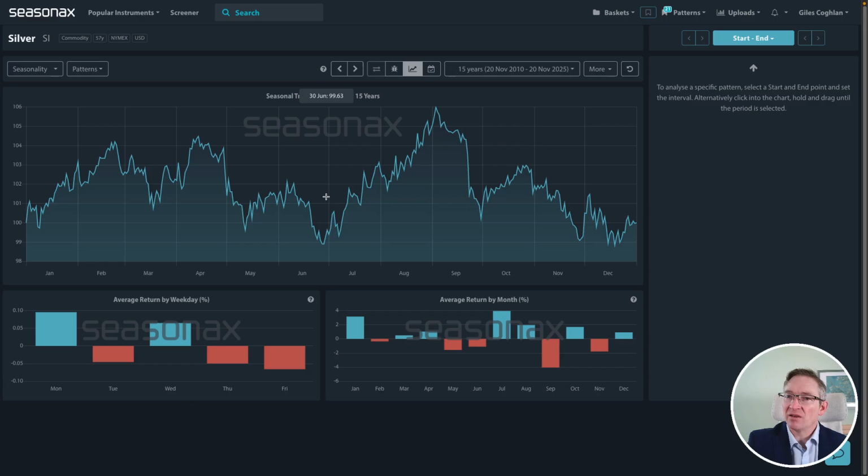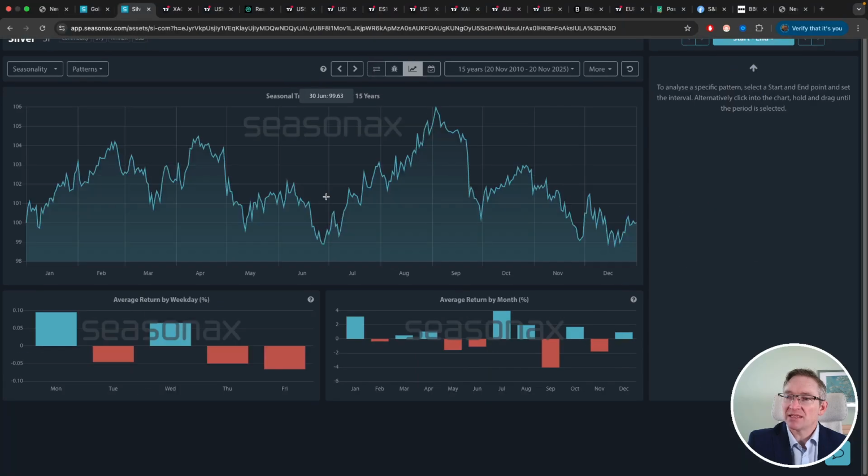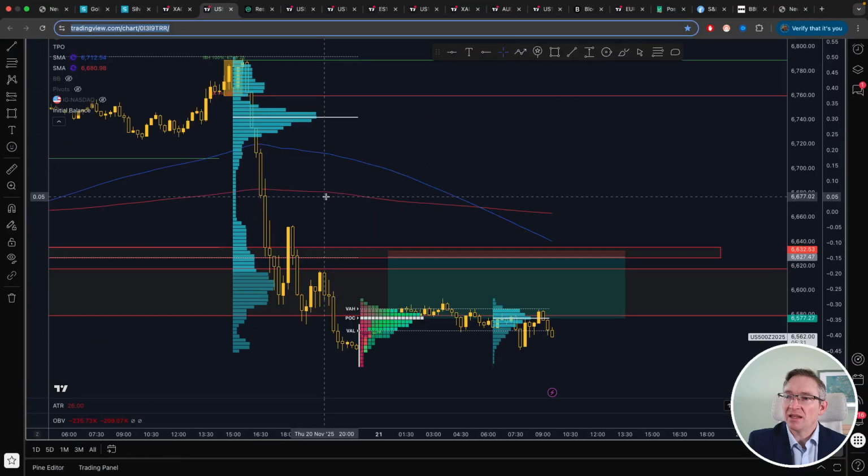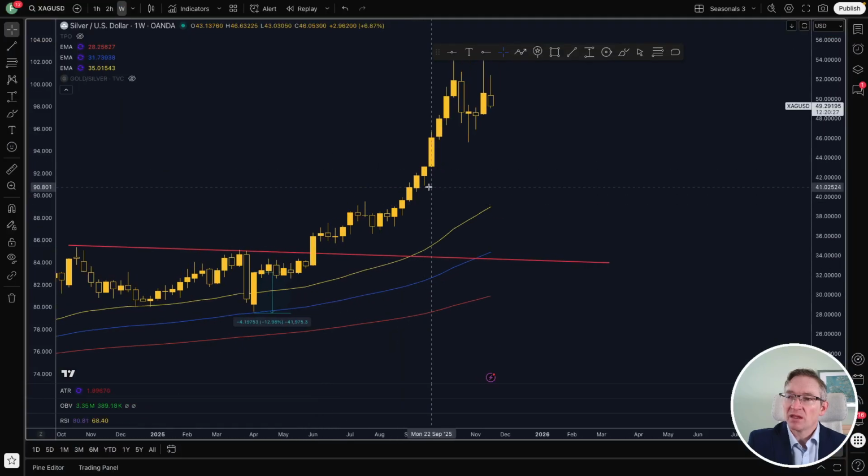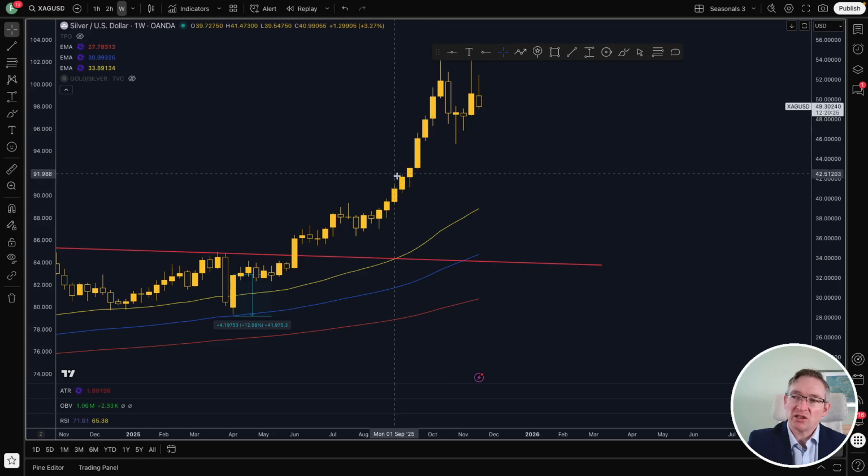And even though the seasonality was negative in those periods, when you've got a strong macro trend, you could have just trailed stops as you've gone.